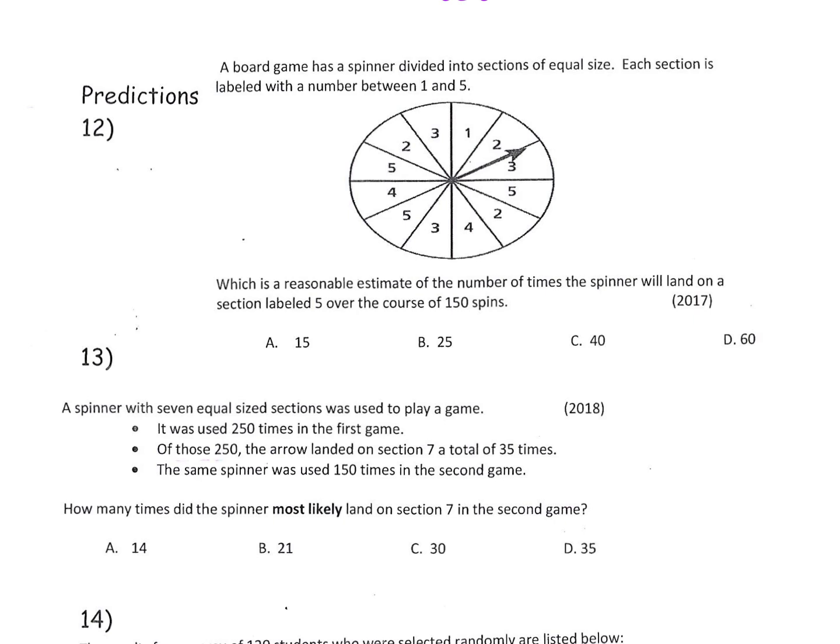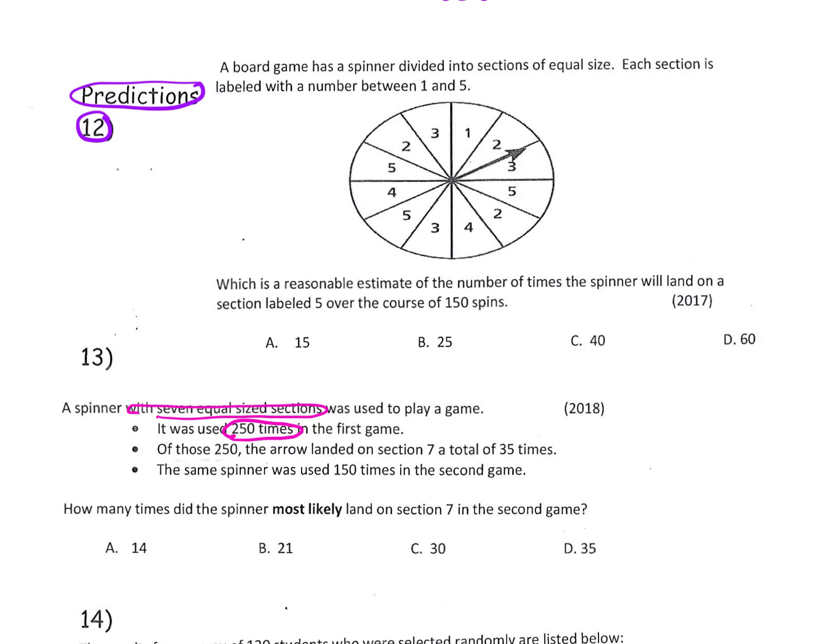On this page, we are going to use probabilities to make predictions. We're going to skip problem 12 and move on to problem 13. In number 13, it states a spinner with 7 equal size sections was used to play a game. It was used 250 times in the first game.